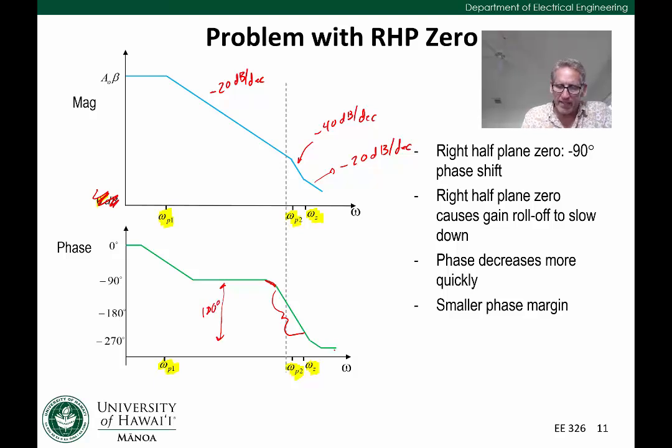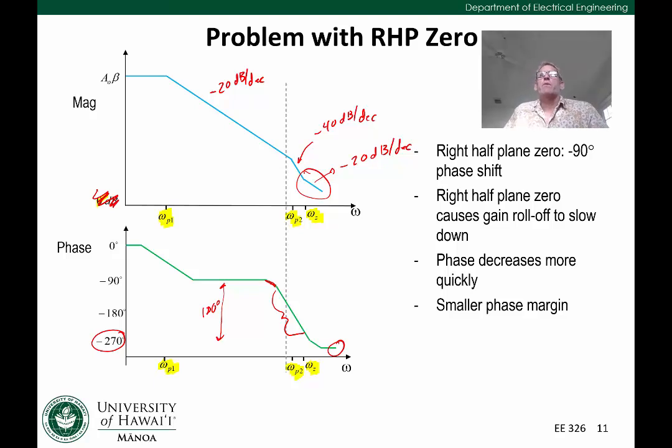And so our total phase at the output, at high frequency, is going to be minus 270. So you can see our phase is rolling off much faster because of omega z, but our gain is rolling off slower because of omega z. And this has to do with the fact that this is a right half plane zero.